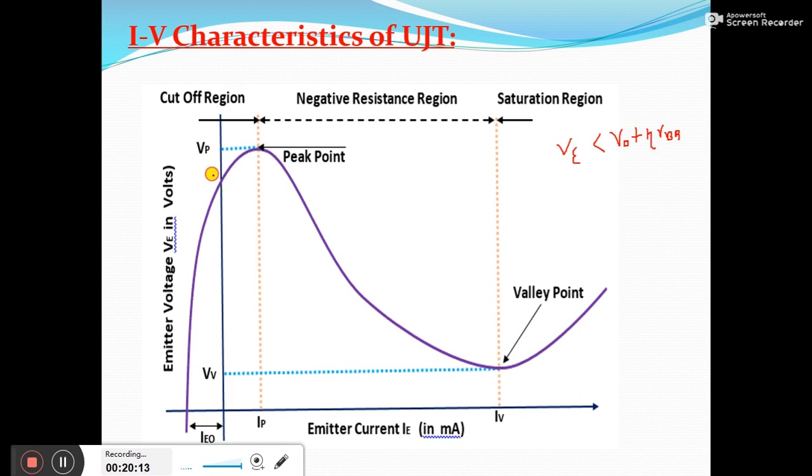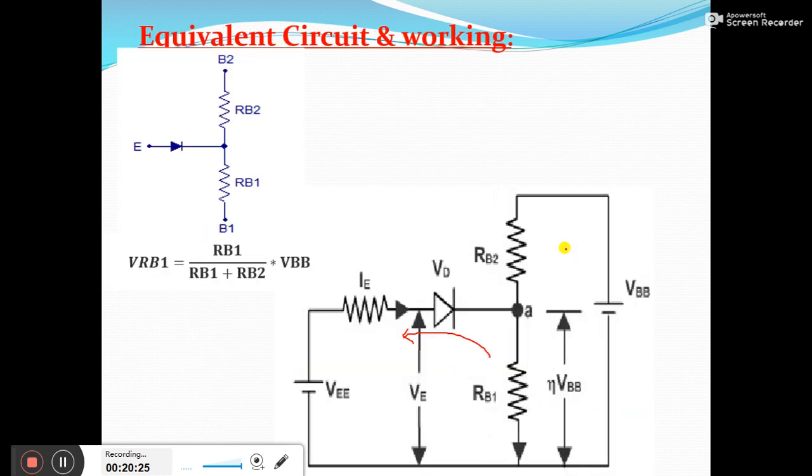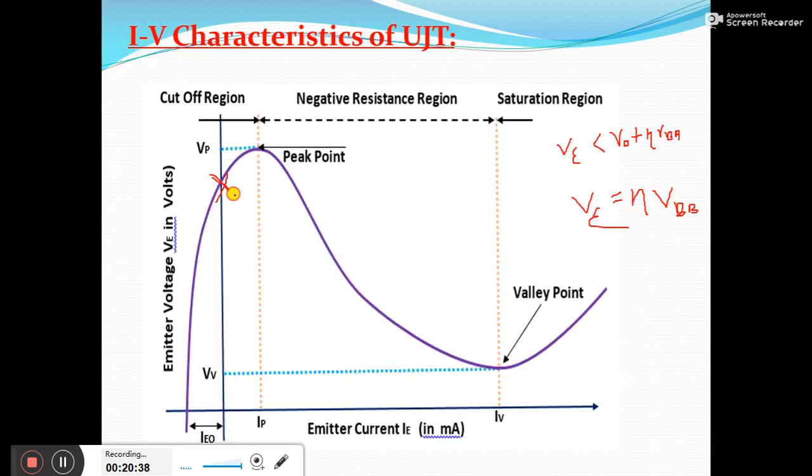This is the point, as I already told you, where the V value will be equal to eta VBB. Whenever the potential at this point, that is VE, is equal to the potential at this point, that is eta VBB, since these two points are at the same potential, the current becomes 0. You can see here, this is the point where the current is 0.